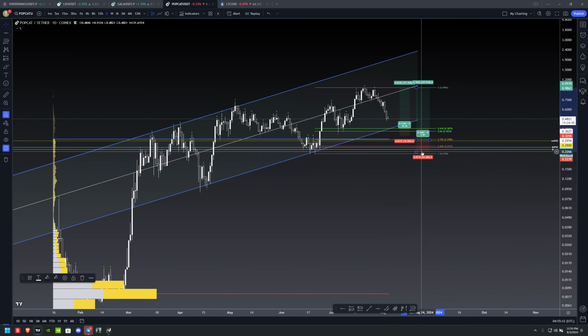We have to cover ourselves more here, I think, because I just like the fact that we come out of this channel, wreck a bunch of people, put in shorts, and then we have nice long orders here. With the 786 confluence, that's an altcoin's favorite. That's their favorite, really is. Value area high. Weekly naked point of control. A weekly naked point of control is stronger than a daily naked point of control.